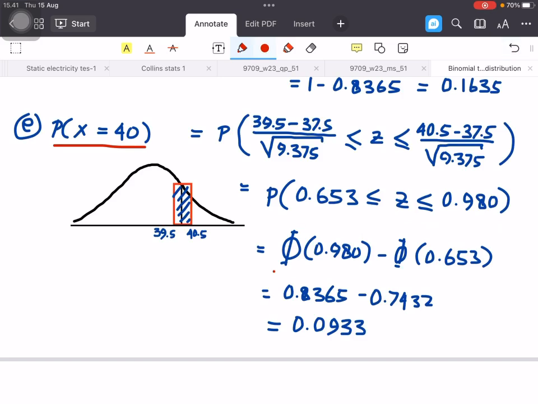It's equal to phi(0.980) minus phi(0.653). We found the values already from the previous answers. It is 0.8365 minus 0.7432. The answer is 0.0933.